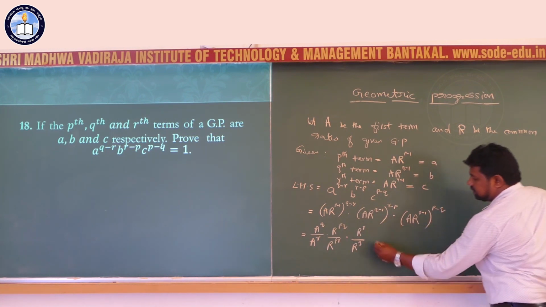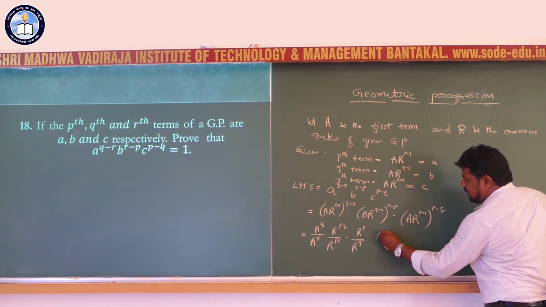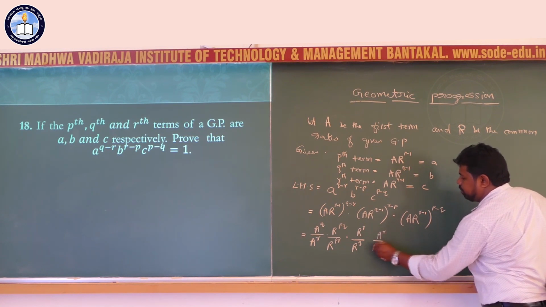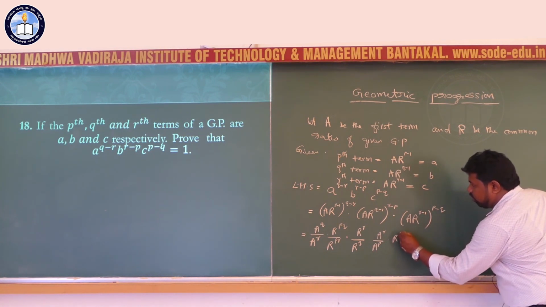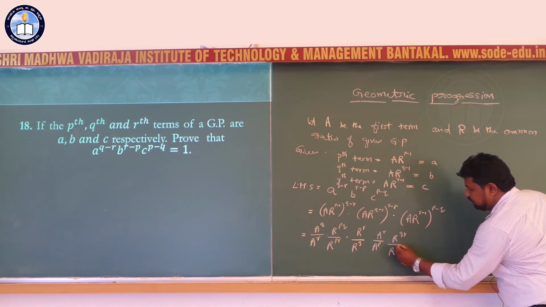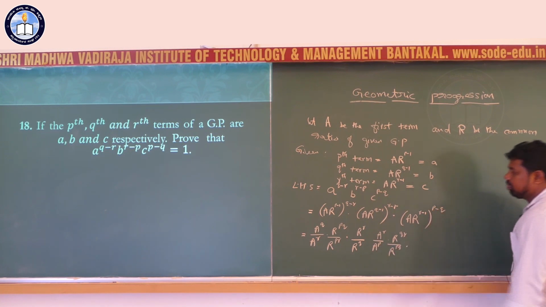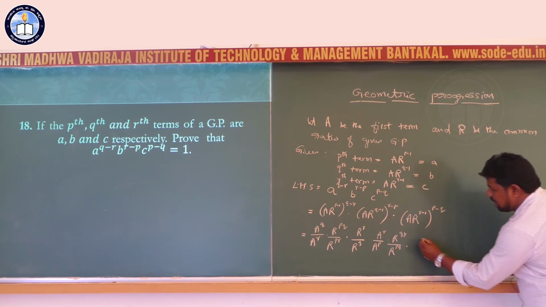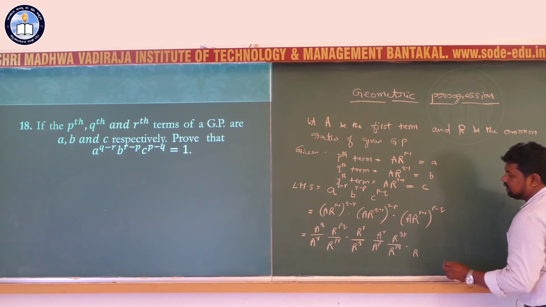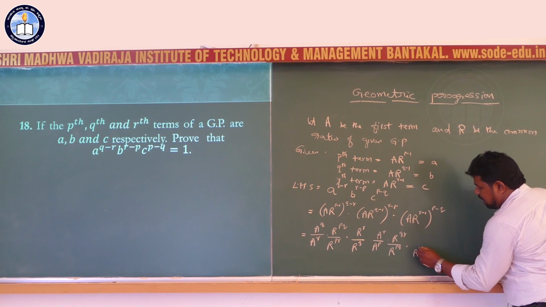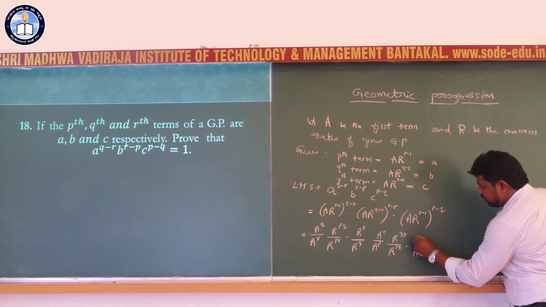Similarly, here A power r by A power p, R power qr by R power pq, in the numerator R power p.